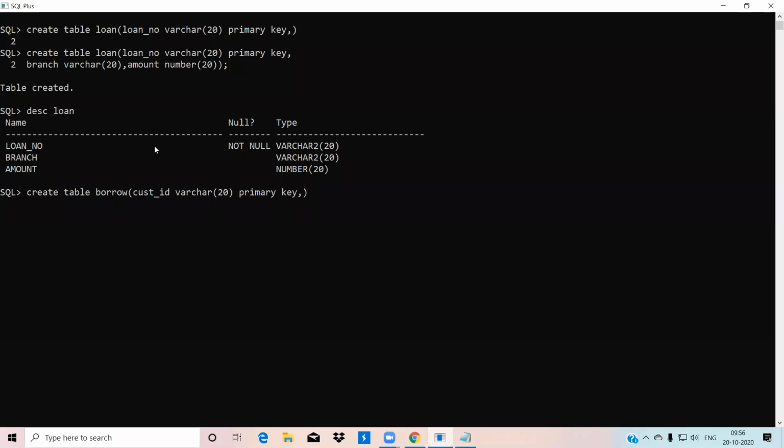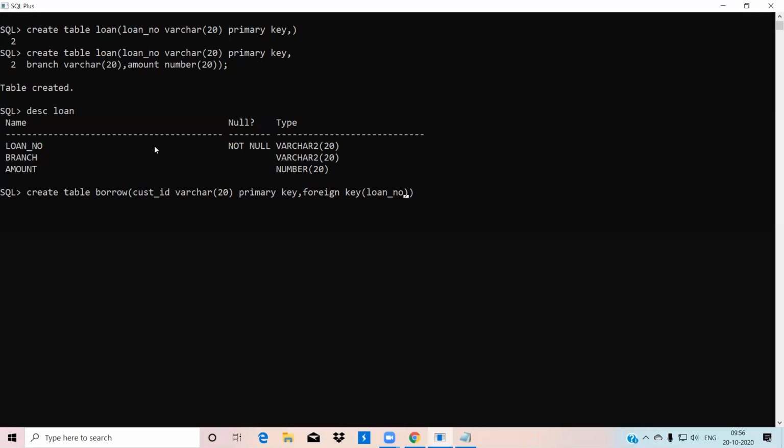now I'm going to create a foreign key for a reference table. So check out the syntax for foreign key. Foreign key of which table? Loan_number.